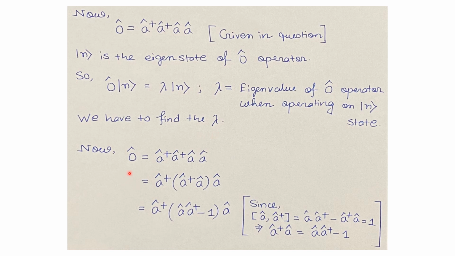So our O cap operator is a cap dagger, a cap dagger, a cap and a cap. Now we'll take the second and third operators, those are a cap dagger and a cap together, and using the commutation relation between the a cap and a cap dagger operator, we can write a cap a cap dagger equals a cap dagger a cap plus 1.